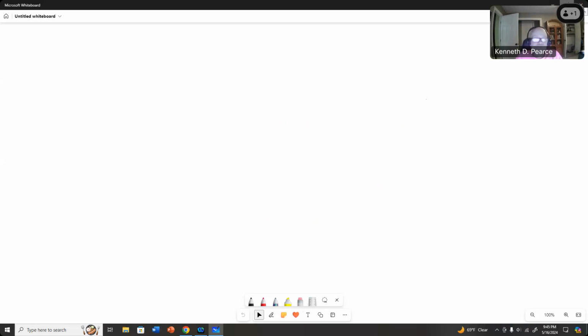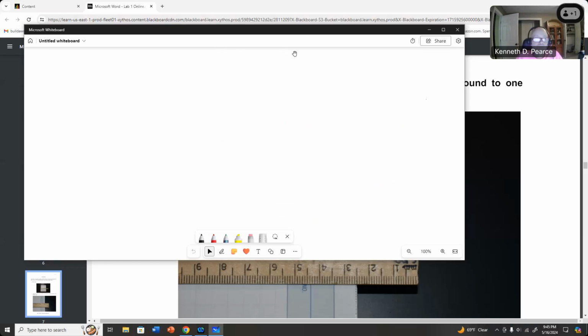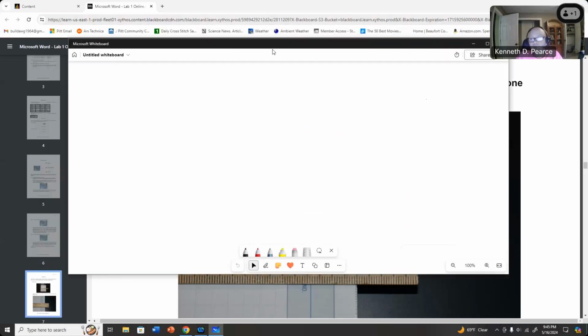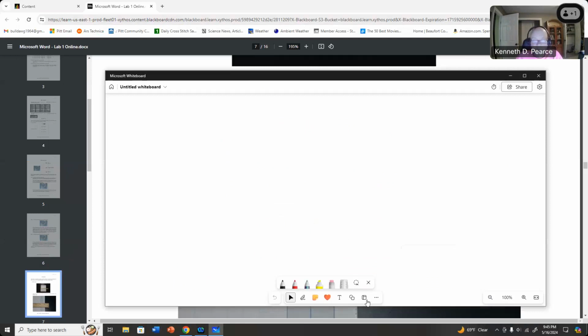Now, before you start on the problems though, we need to go ahead and make up a cover page. Why not? And what's the cover page going to look like? Well, it's going to have an objective. This is the cover page. And what's the objective? Well, the objective is usually found in the first sentence or two of the lab, but this one is going to be, we are making a series of measurements.